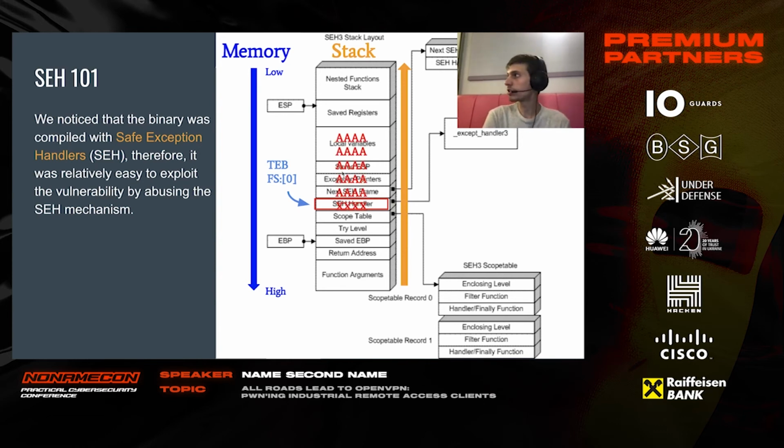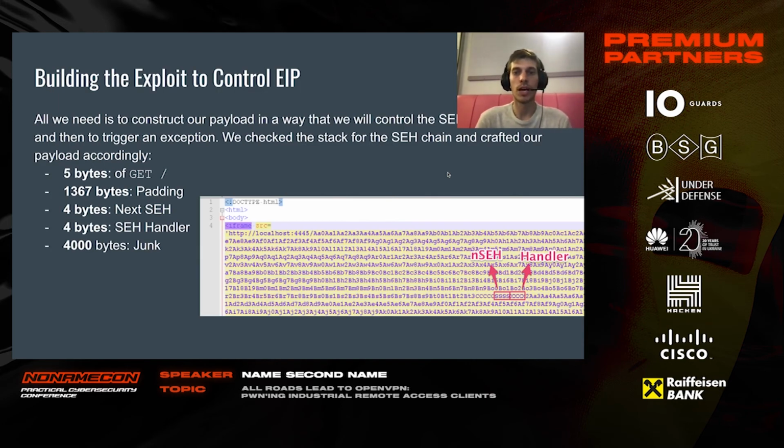Send a very large request with a long URL, and because of the stack buffer overflow, we would overflow this pointer, and eventually achieve code execution. So this is how we prepared our payload. As you can see here, we have an HTML page with an iframe source and a very, very long URL, and we carefully prepared this request, so only these 4 bytes will get to the specific location on the stack.